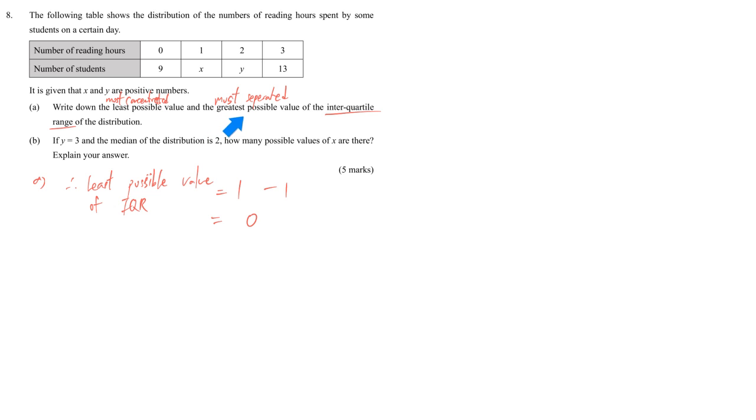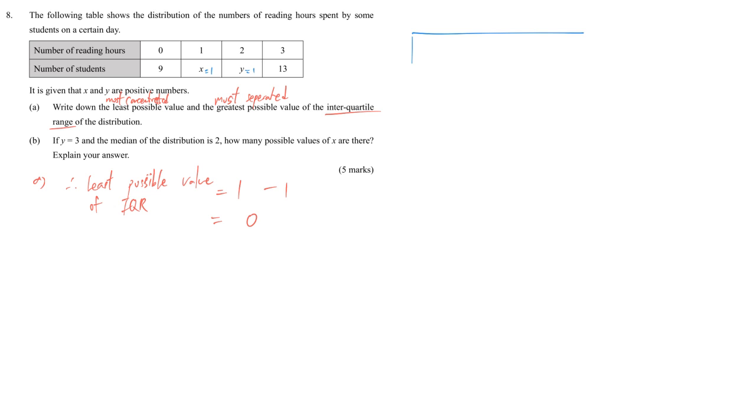Now, for the largest possible value, we have to think of a situation where most of the values are extreme numbers. So comparatively, X and Y should be really small, and X and Y are limited to positive numbers. So we simply let X equal 1 and Y equal 1 also.